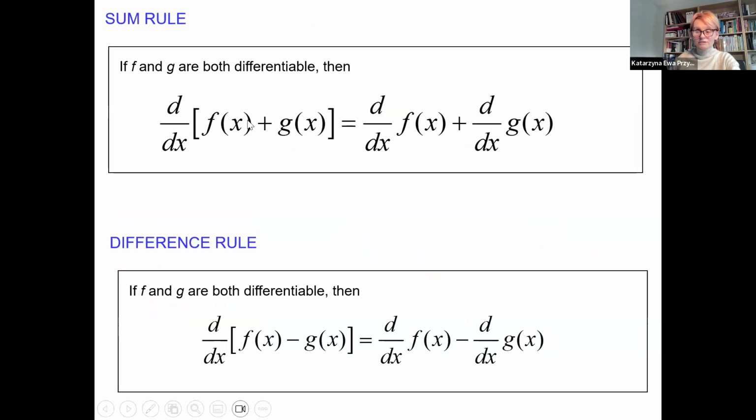The derivative of a sum is the sum of the two derivatives, and the derivative of a difference is the difference of the two derivatives. No problem. It's a different story with the product and the quotient, but we will cover this after midterm 1. For now, addition and subtraction only.